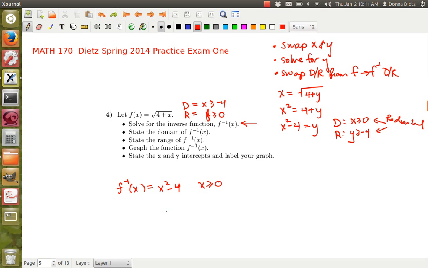Okay, so now we can go on. The domain of this function is x greater than or equal to 0. The range y greater than or equal to -4. Graph the function. Now we can go ahead and graph the function. And we know, okay, f inverse of 0 is -4.